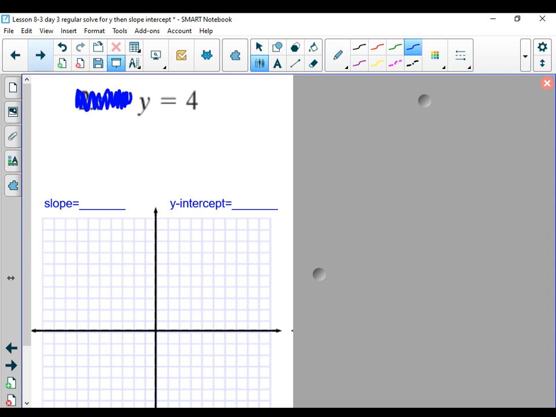Addison? If there was an x, we could put +0. But why is there no x? Bryn? Why is there no x, Isabel?